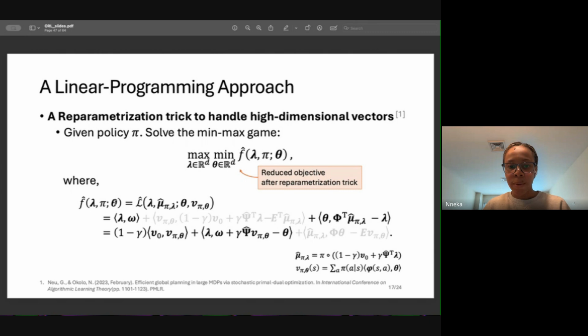So we want to solve this reduced approximate min-max game instead.